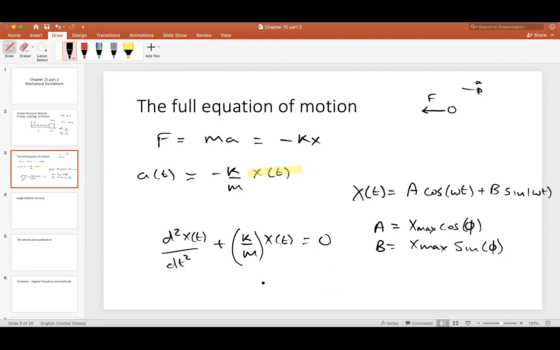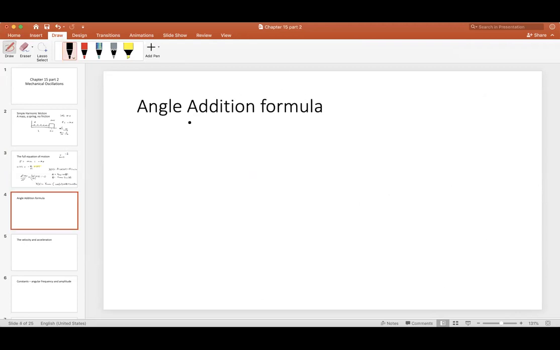And therefore, we're not done yet, but we get that x is x max times cos of omega t times cos of phi plus sine of omega t times sine of phi. We need to go back and look at our trigonometry for a second to get a simpler solution for our displacement function.